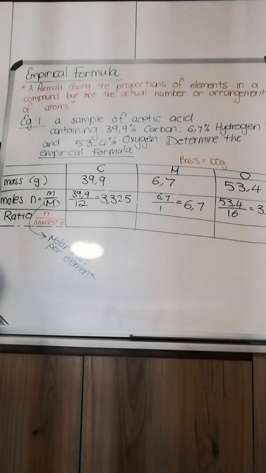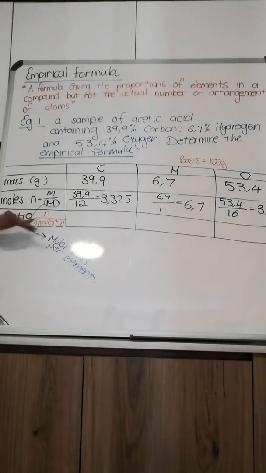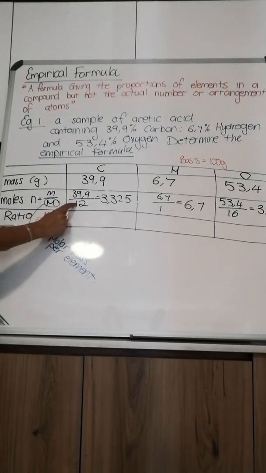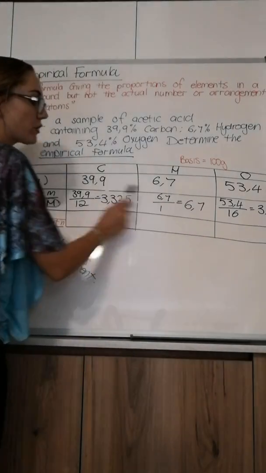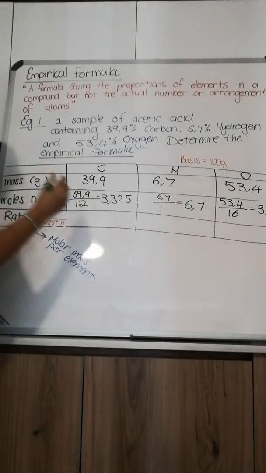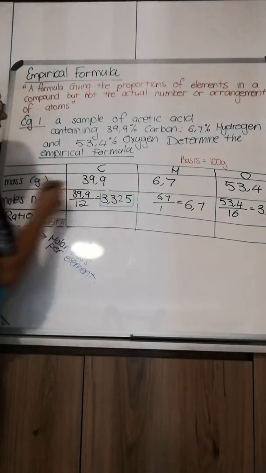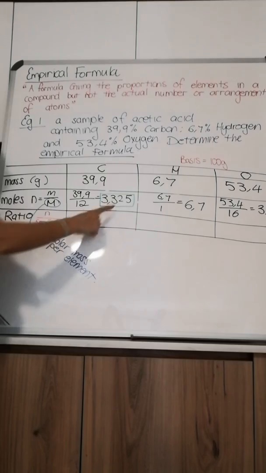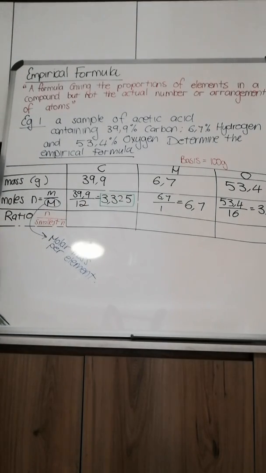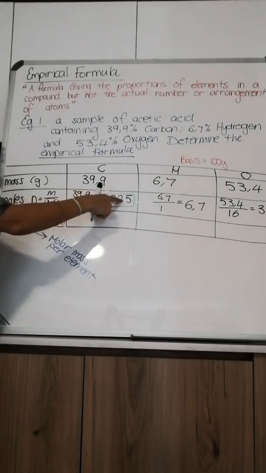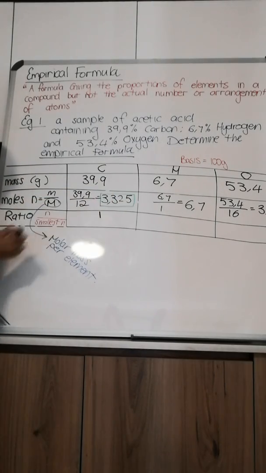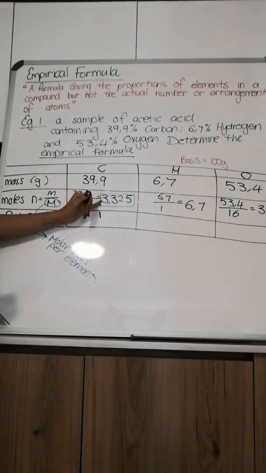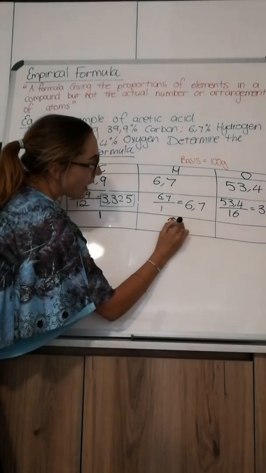Okay. Then last off, to find the ratio of each, this last column, for this we take each mole value that we've just worked out and we divide all of them by the smallest of the 3 mole values. So my smallest mole value here is this 3.325. So I'm going to divide this 6.7 and 3.375 all by my smallest, 3.325. Okay, so when I divide 3.325 by itself, I get 1. When I divide 6.7 by 3.325, I get roundabout 2.